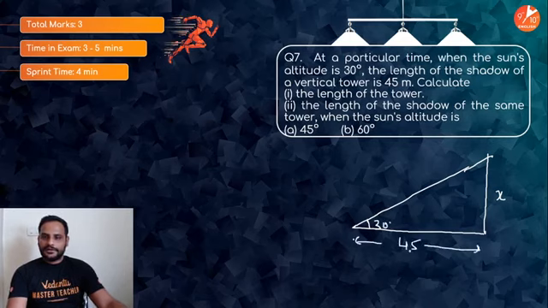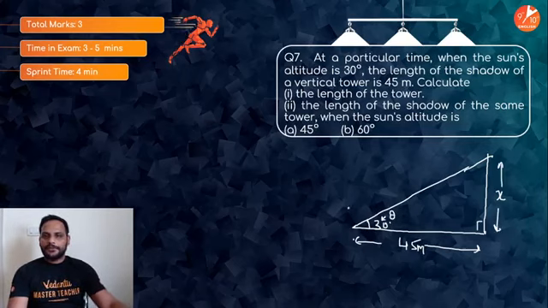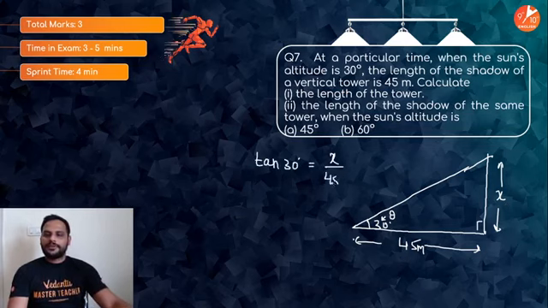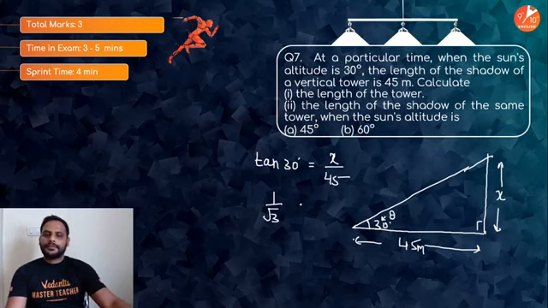All right, 45 meters. First thing, the length of the tower, simple thing. This is 90 degrees. So we need to find the perpendicular when the base is given. So perpendicular and base, tan theta. So tan 30 degrees is equal to x upon 45, perpendicular upon base. Tan 30 is what? 1 by root 3 is equal to x upon 45.